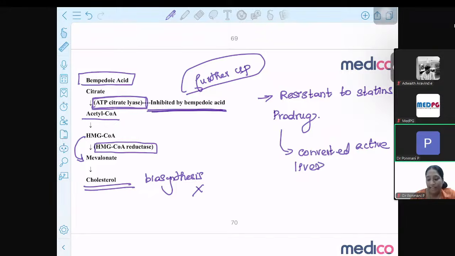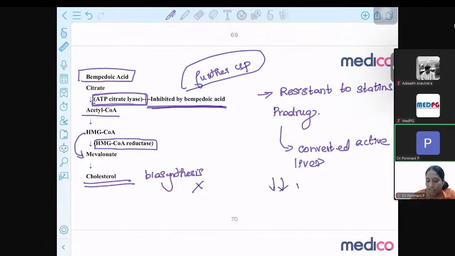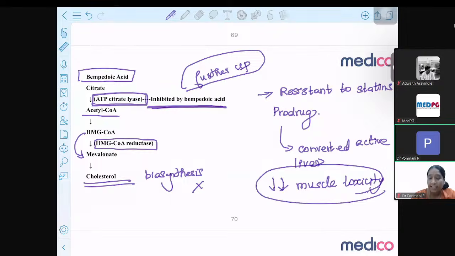So there is going to be reduced risk of muscle toxicity. Myalgia will be very less since the active form is formed only in the liver. Even when the blood levels are low, it will not go into the muscles and cause myalgia. So this is the specialty of this drug, bempedoic acid. That is, it doesn't cause muscle toxicity since it is a prodrug.